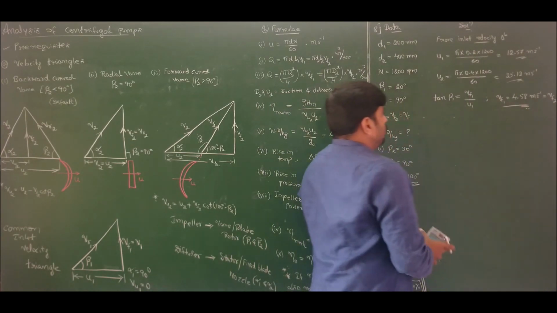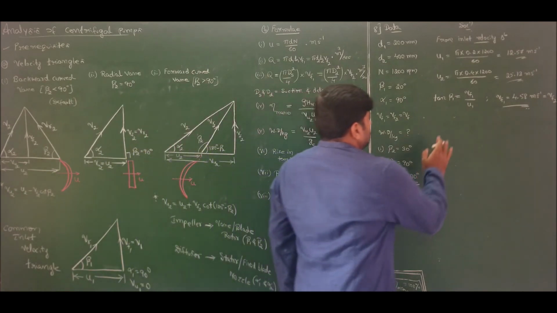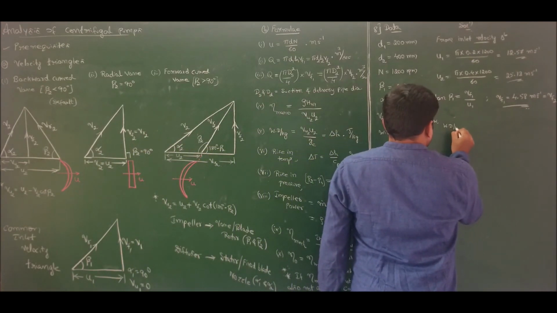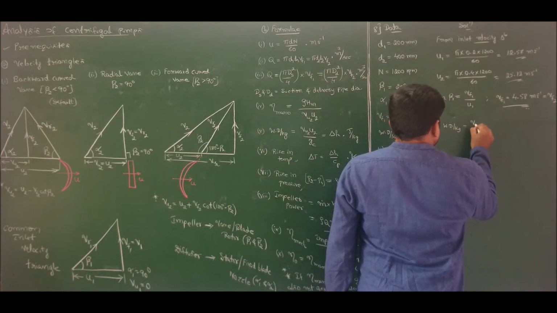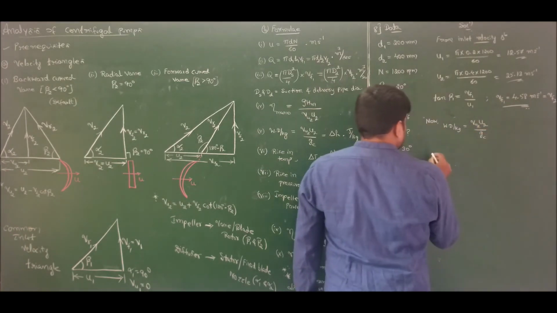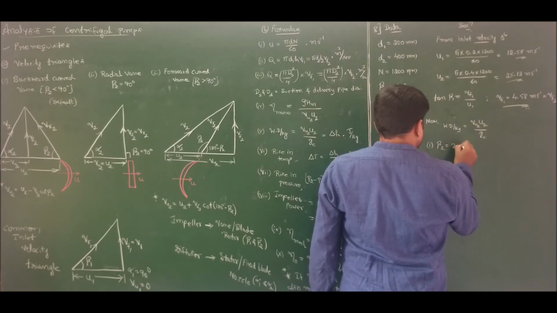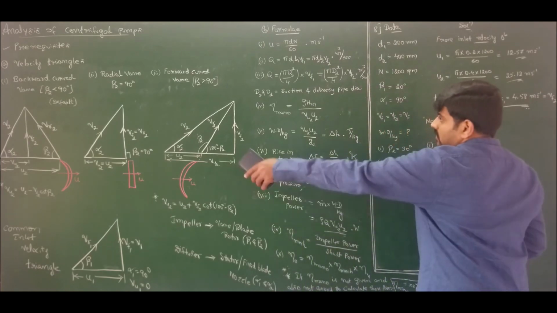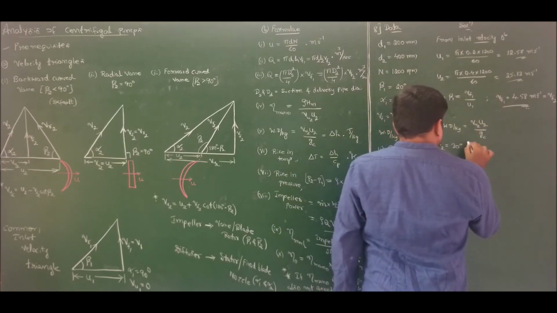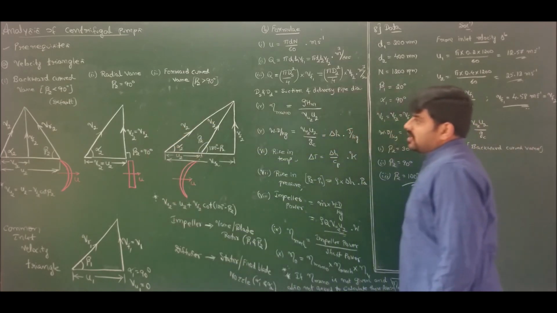So now I can solve for all the three vanes. We know that work done per kg is Vu2 u2 by gc. Coming to case 1, beta 2 equal to 30 degrees, the backward curved vane. Use the velocity triangle of the backward curved vane.